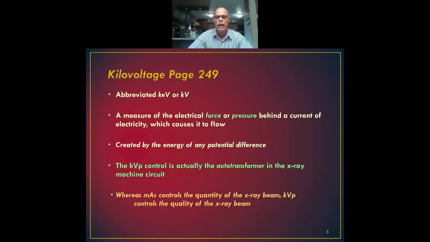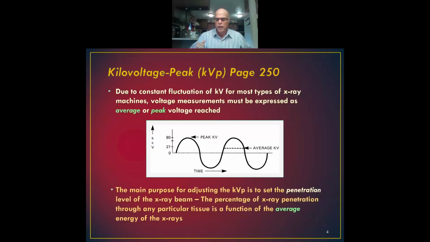As we increase our kVp, we're actually creating more X-rays because we have more bremsstrahlung interactions because of the higher kVp. So that in turn does affect the quantity. But the primary purpose of our kVp, our kilovolts, is the penetration of the beam. Keep that in mind.